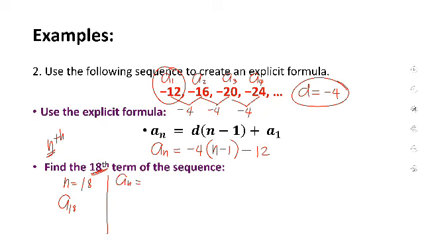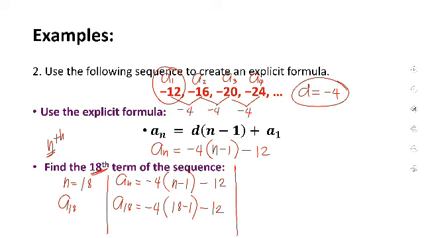a sub n is equal to negative 4 times n minus 1, minus 12. And let's plug in the value of n. You have a sub 18 is equal to negative 4 times 18 minus 1, minus 12. Let us continue. We have a sub 18 is equal to negative 4 times 17 minus 12, right?